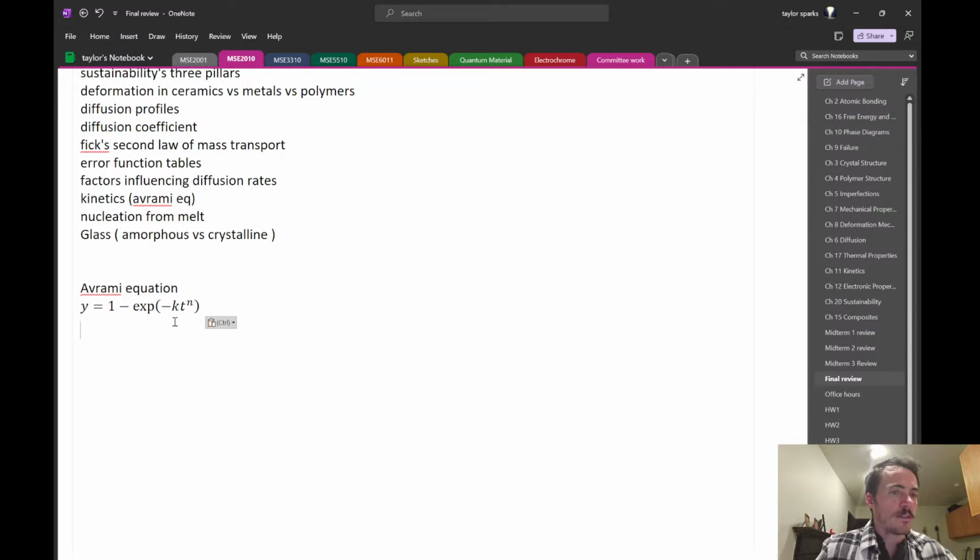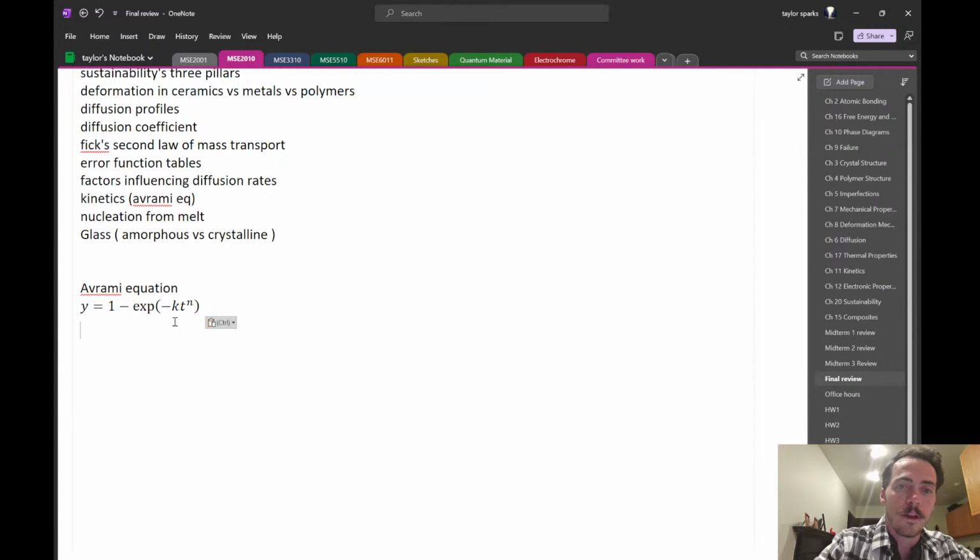Right now, if that's our equation, how would you go about using this? Typically I would give you enough information so that you could solve for k and n, and then use k and n to determine some degree of transformation.